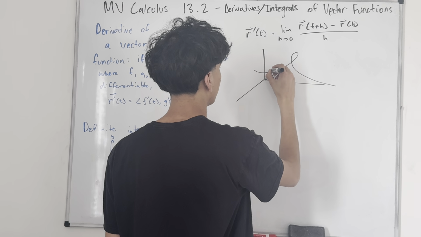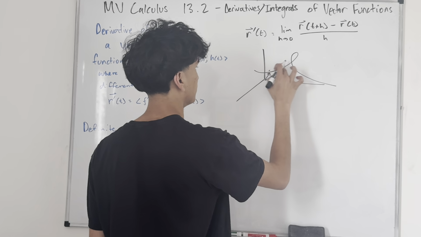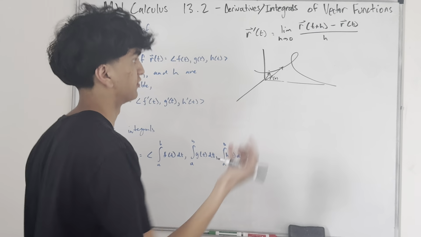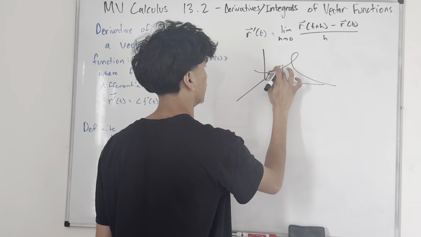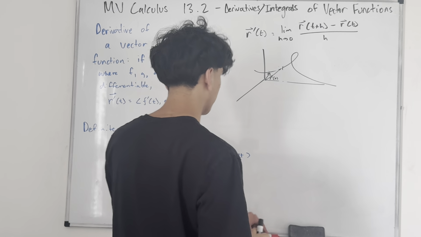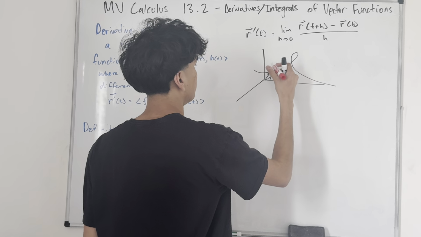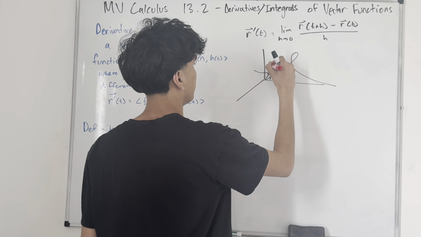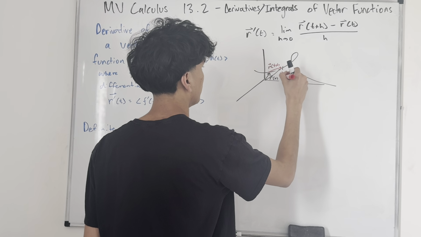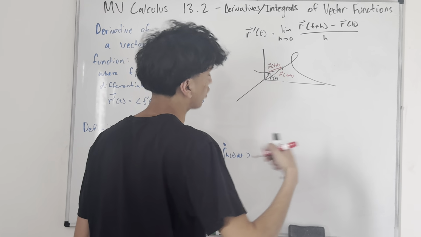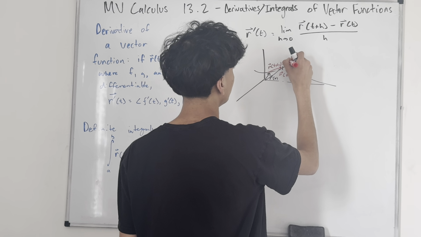If I do tip to tail, or vector subtraction, this vector from there to here is r of t plus h minus r of t.